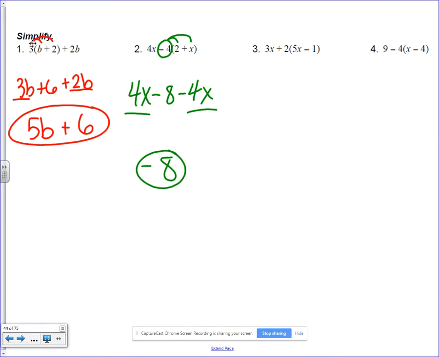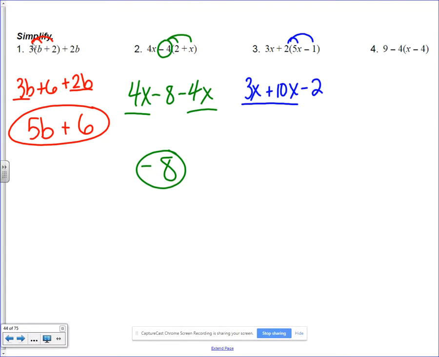What's going to get distributed in number 3? Oh, the 2. So we're going to drop down the 3x. It's not in the parentheses. What is 2 times 5x? 10x. What is 2 times -1? Good. Do I have any like terms?